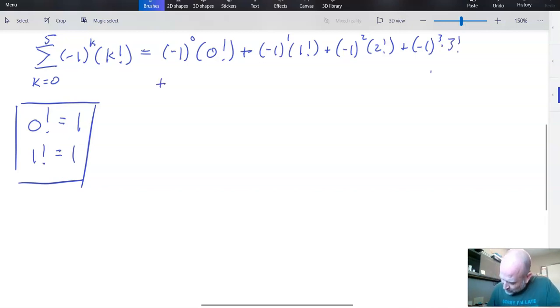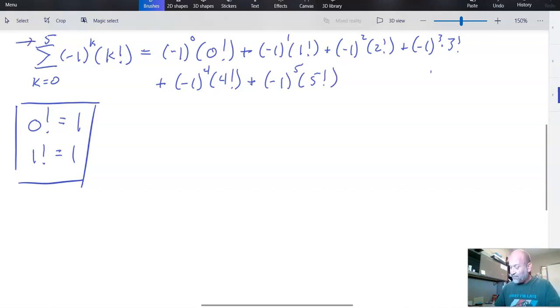Now I'm just going to wrap around here, plus (-1) to the fourth power times 4 factorial, plus (-1) to the fifth power times 5 factorial. And that's my upper index, so that means I stop at 5.